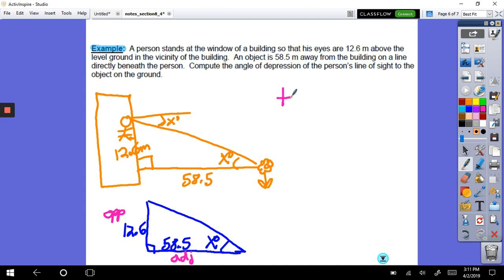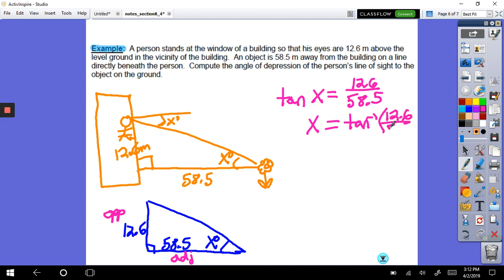So we're going to have tangent of x equals 12.6 over 58.5. To solve for the angle, we have to do inverse tangent of 12.6 over 58.5.